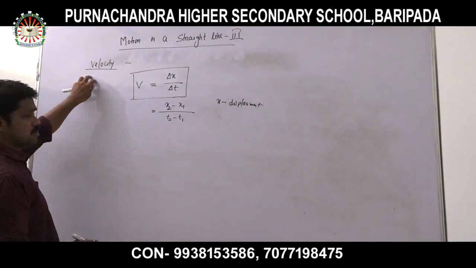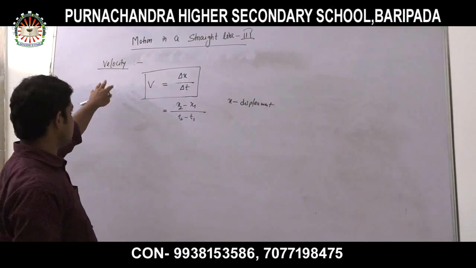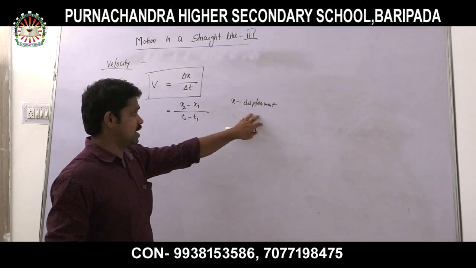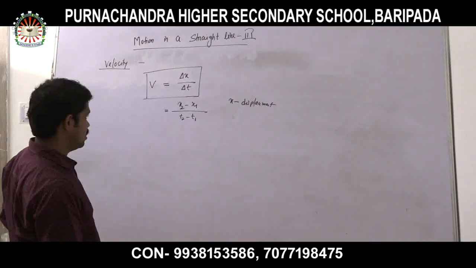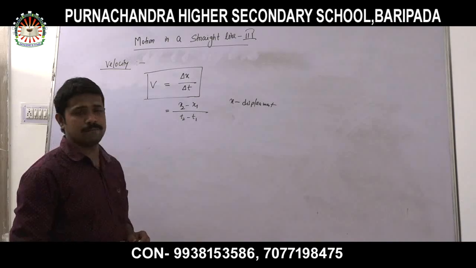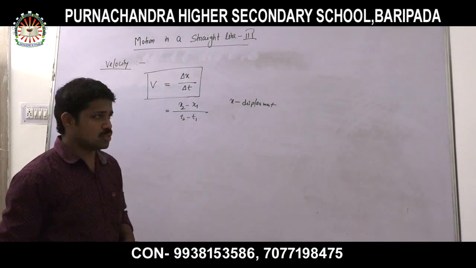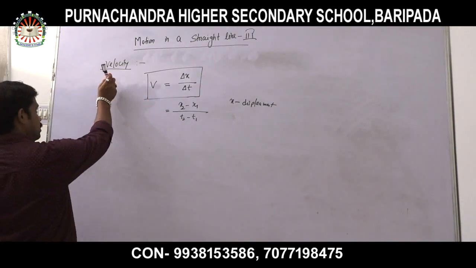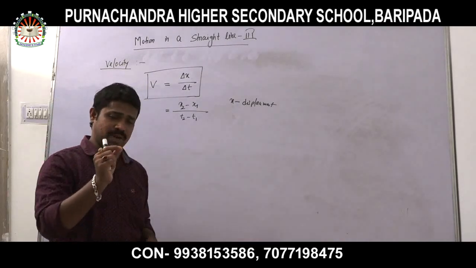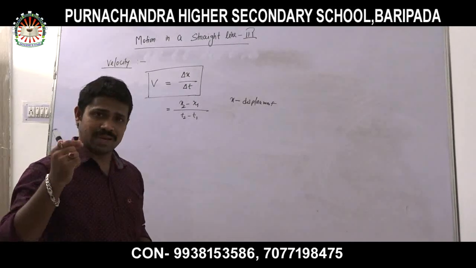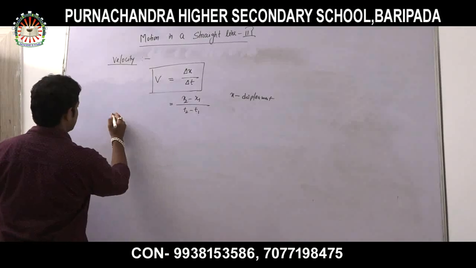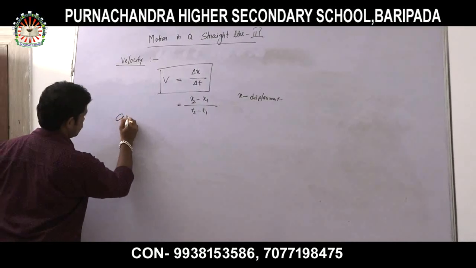But in this case, the velocity is a vector quantity. So that's why we are not taking the distance, we are taking the displacement. Clear? So v is equal to x2 minus x1 divided by t2 minus t1. Clear, all of you? So this is the concept of velocity, that is the rate of change of displacement with respect to time, in a particular direction. Clear? Next, average velocity.